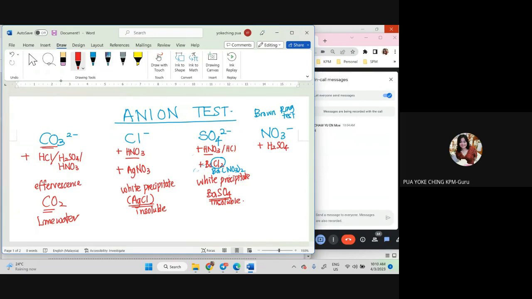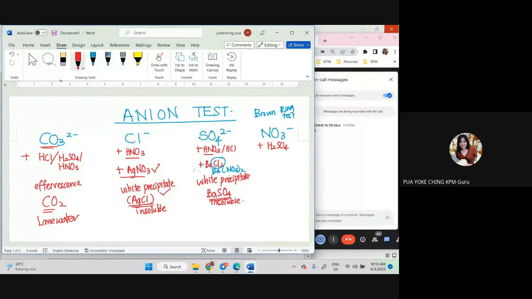Macam tadi ni lah. You all tahu Cl minus, SO4 2 minus, buat je anion test, observation dia mesti mendakan putih terbentuk ataupun white precipitate. So you cincai ya. Suka hati je you masukkan apa-apa. Dulu yes, sekarang dah tak boleh. Ini kena betul, you baru akan dapat ini.